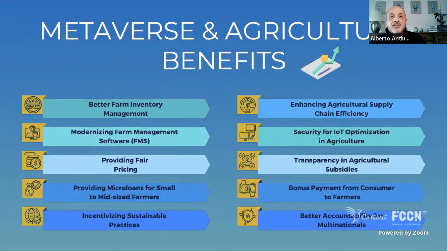The price is dictated somehow by the market and the offering that you have. And this is a very big problem, both for the distribution channels and for the consumers, who are the ones who suffer the most from this kind of problem. So having a blockchain system where everything is controlled and transparent will definitely provide more profit for the farmer and better and fair pricing also for the consumers.